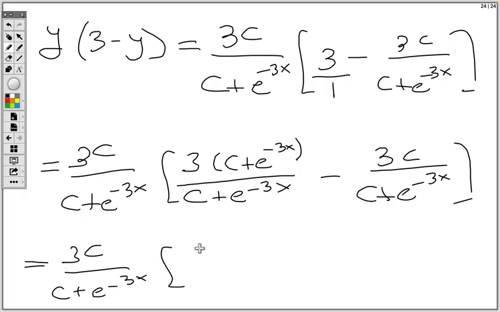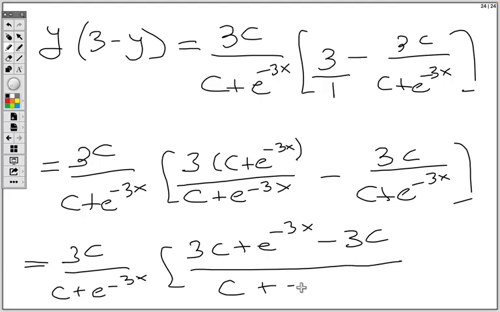So I've got 3c plus e to the minus 3x, and now that I've got the same denominator, I can go ahead and subtract the numerators. And you can see what happens to the 3c's. They're gone. Oops, I forgot a 3 on this one, multiplication there.